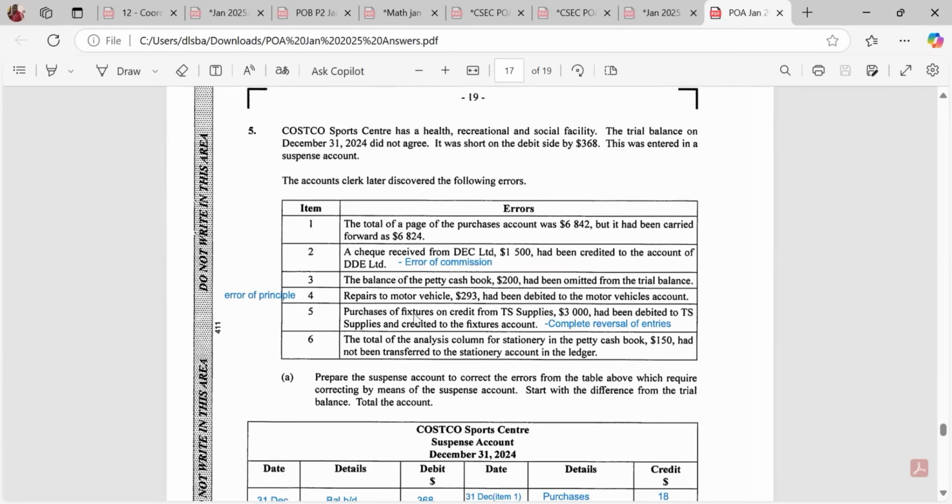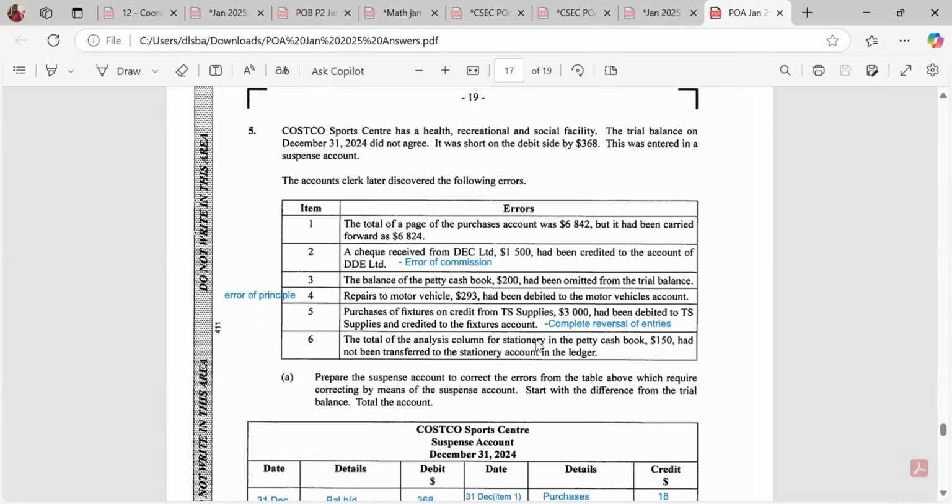Fifth one, sorry, purchases of fixtures on credit from TS. Does that have anything to do with the income statement? Do you put assets in the income statement, or does that go in the balance sheet? So that has nothing to do with the income statement. And the last one, stationery is an expense.